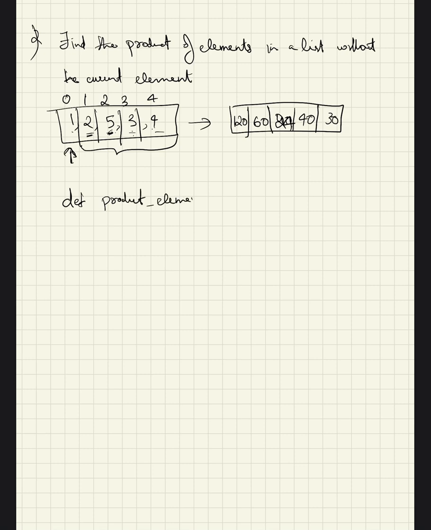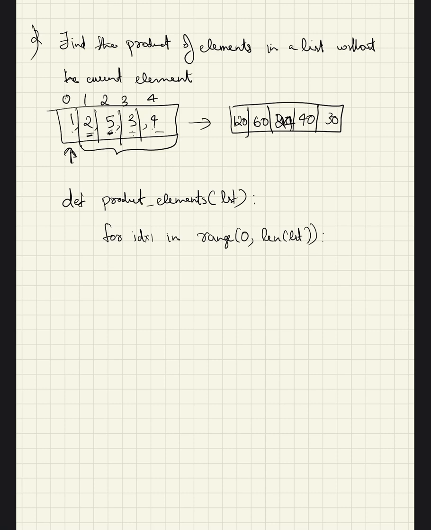Product elements, I get a list as input, calling it LST. So what I can do is I can iterate through the list. I will have one pointer in LST. Okay, I need to use a range here, range 0 to len of LST, right?